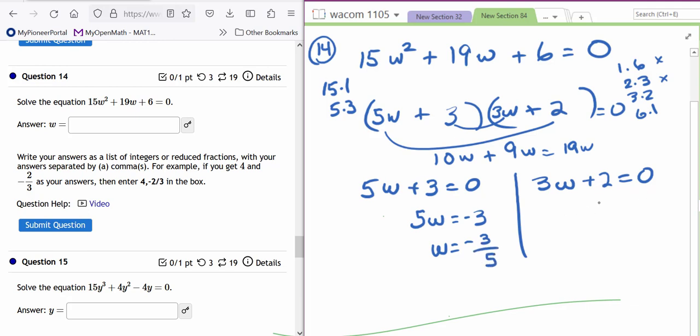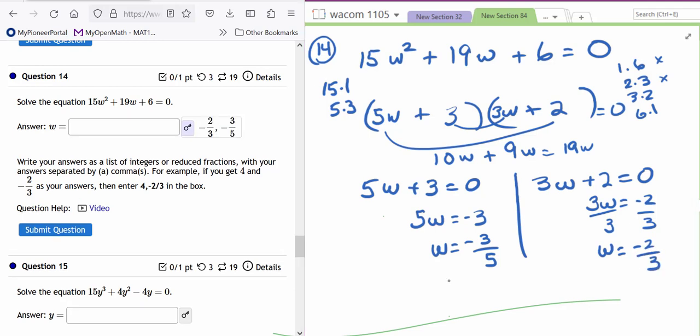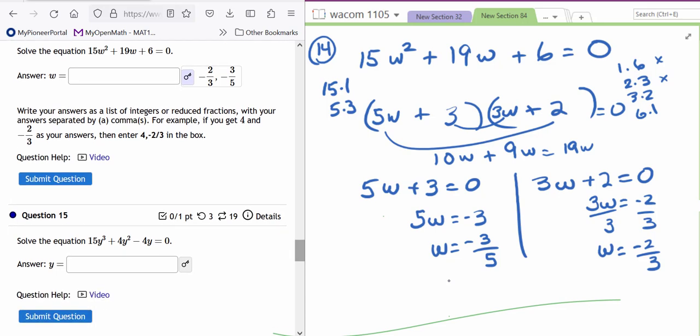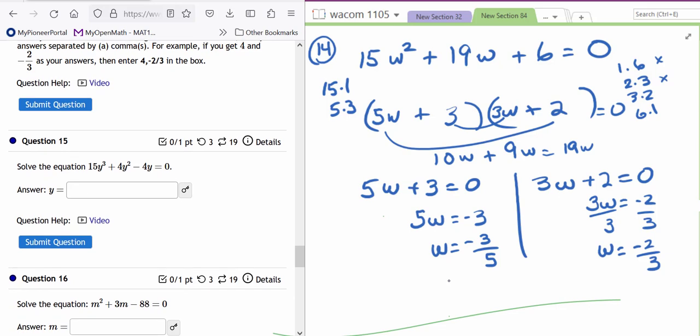Next one, subtract your 2. So 3W equals negative 2, and divide by 3. So W equals negative 2/3. So negative 2/3 and negative 3/5. And there we go. And I didn't put them in our nice little symbol. This one I wanted to do for you because it has a GCF.